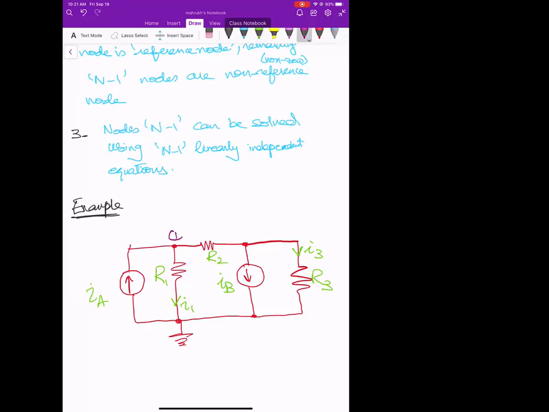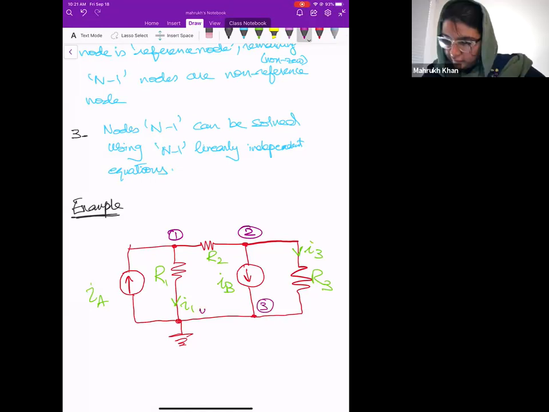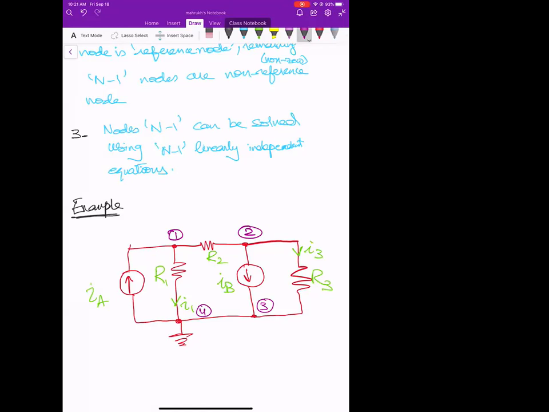So this is 1 node. This is the 2nd node. This is the 3rd node, and this is the 4th node, right? Those who are saying 4, they meant that. I know the whole bottom is 1 node since that's ground. I thought maybe there's a fourth node where I3 is, but it's probably connected to the ground also, right?